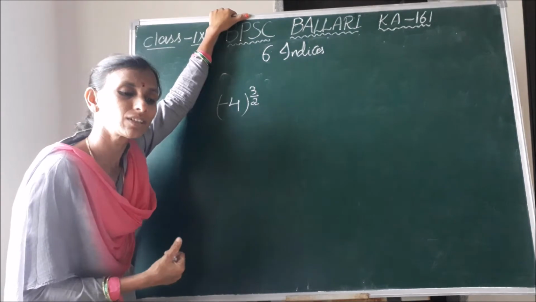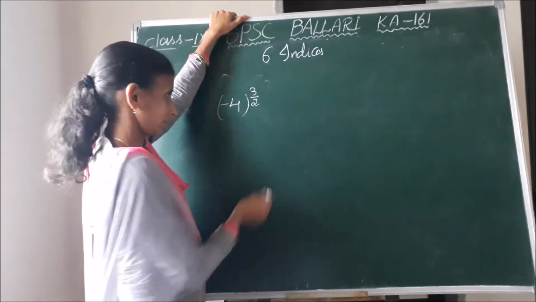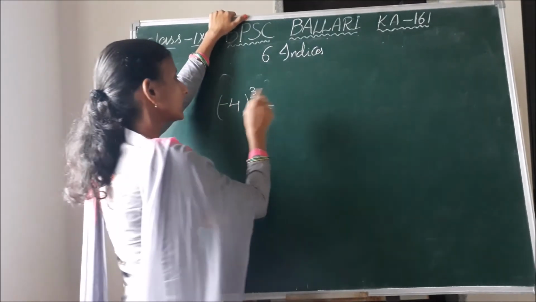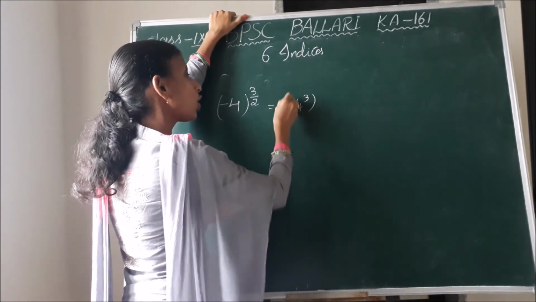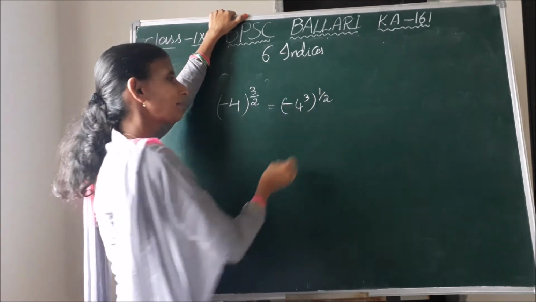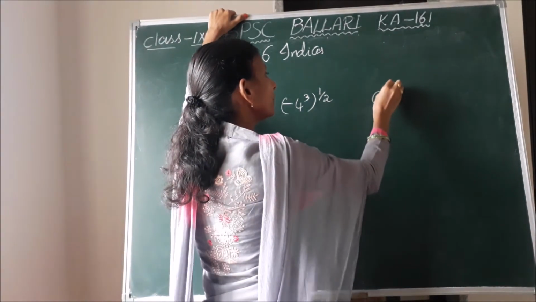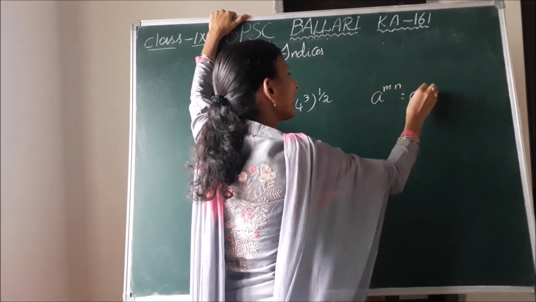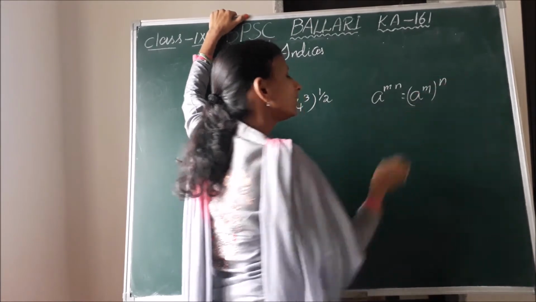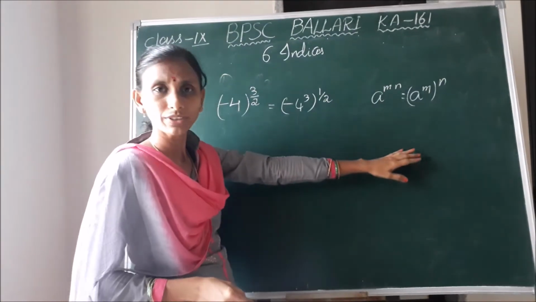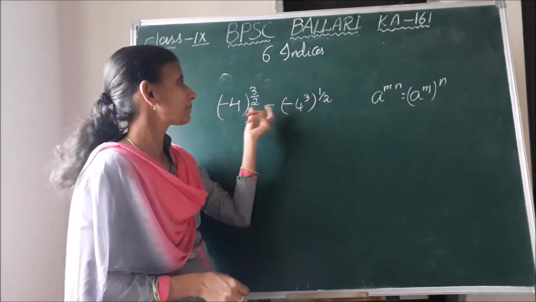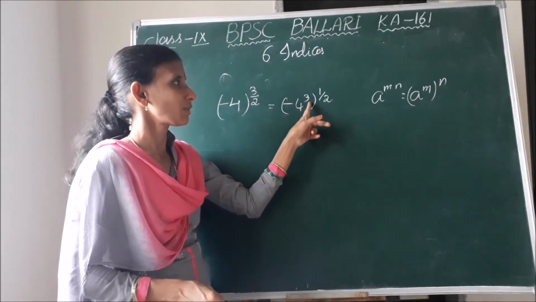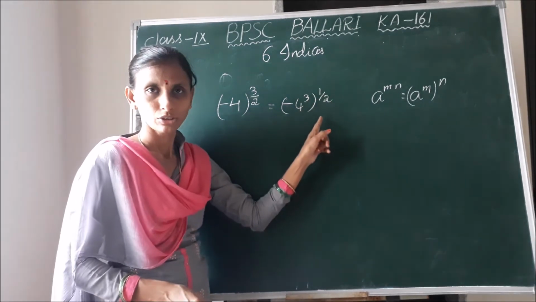Let us see whether we get the value or not. Here, minus 4 power 3 whole power 1 by 2. According to the laws of indices, a power mn can be written as a power m whole power n. So here, in the form of 3 by 2, I am separating it.